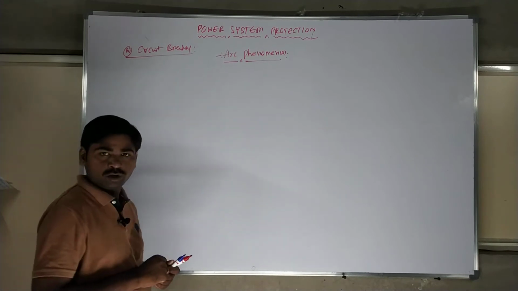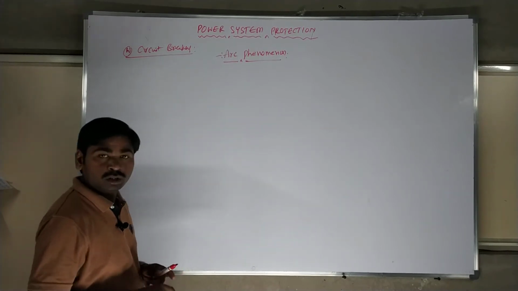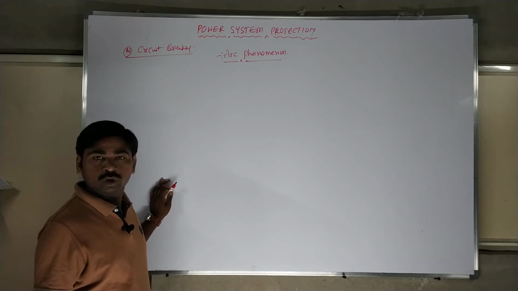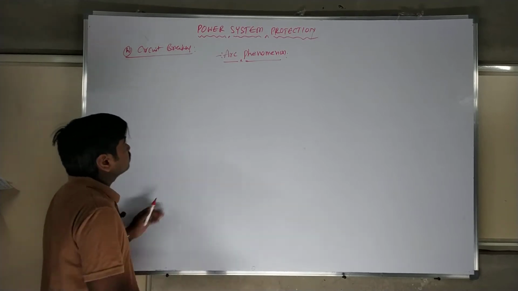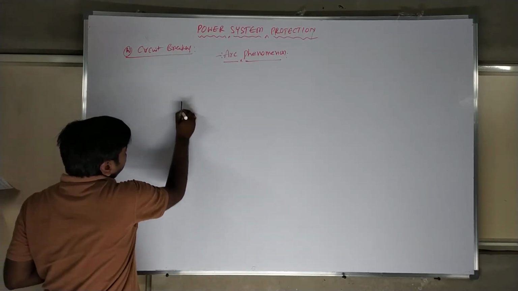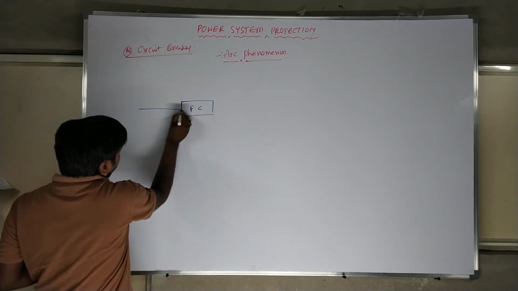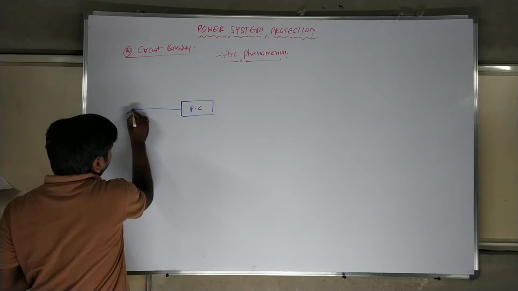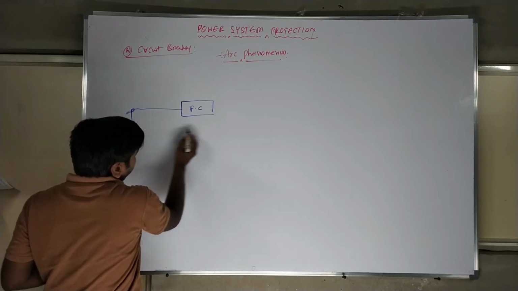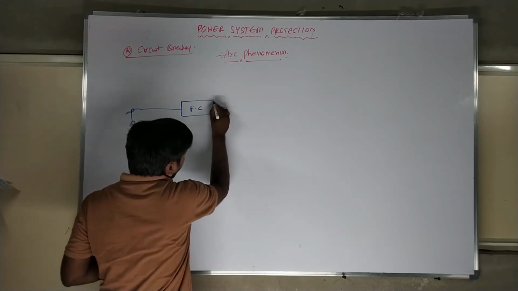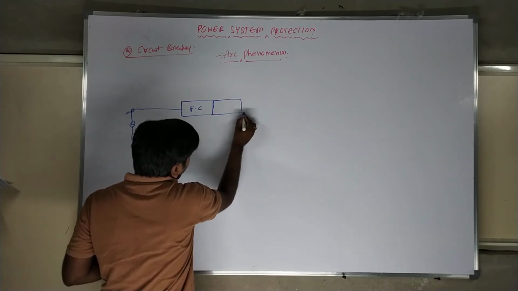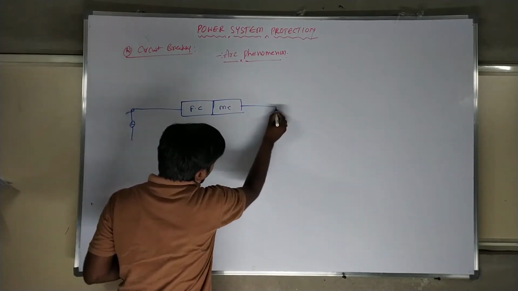So what is the arcing phenomenon actually? Generally, I told you the circuit breaker functioning. The circuit breaker consists of two contacts. One is called the fixed contact, which is connected to the power supply line. The other is the moving contact.